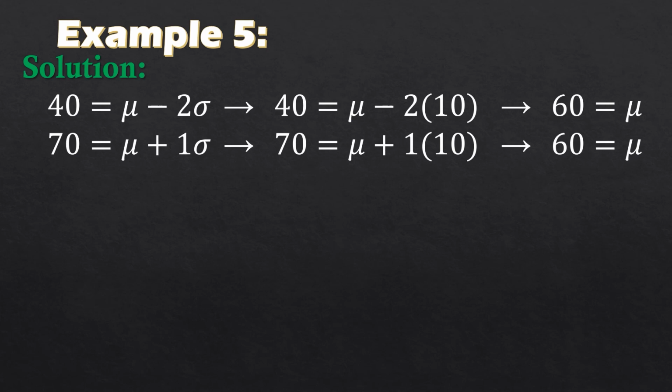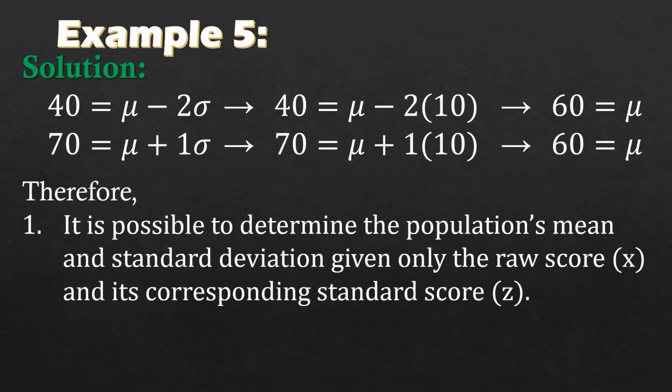And in conclusion, to answer the two questions we have in this problem, example 5: the first question, is it possible? The answer is, it's possible to determine the population's mean and standard deviation given only the raw score, our x values, and its corresponding standard score, or our z-score. So it's possible.